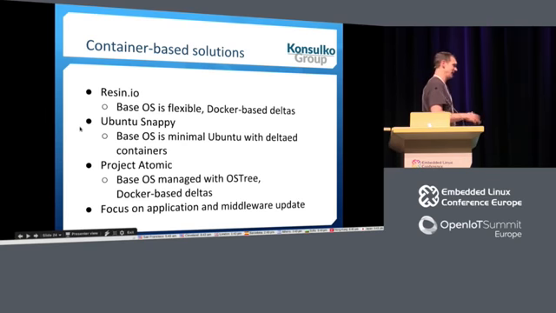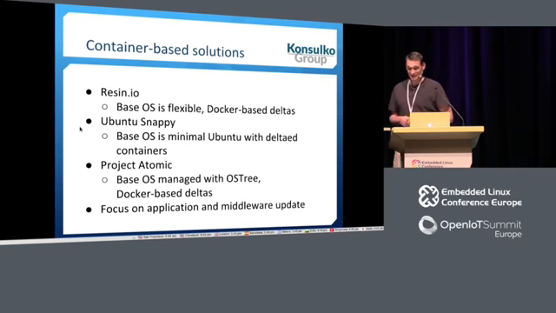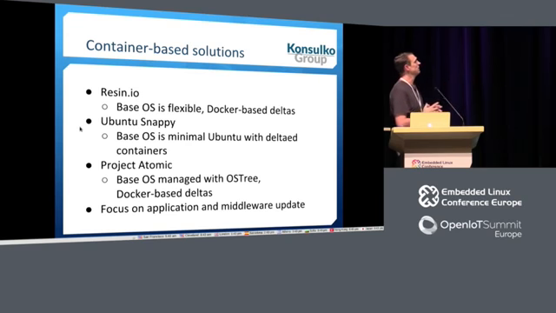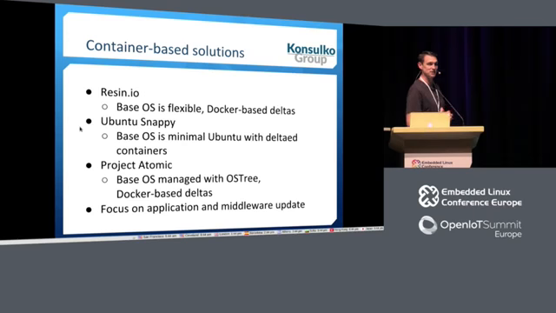Okay, and then again, I felt I needed to add just a little bit more about this. It's to be mentioned with these container-based solutions, typically most of those are not taking the approach of I need to ever update my base OS, my minimal base OS.